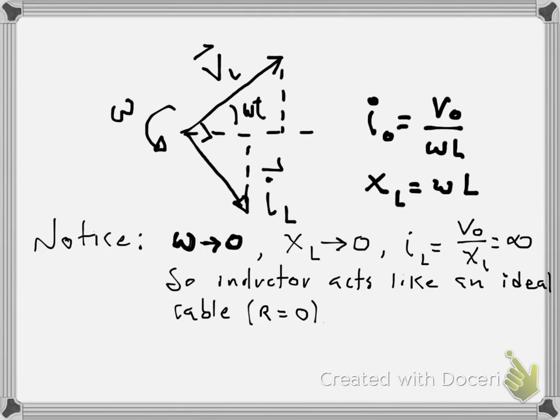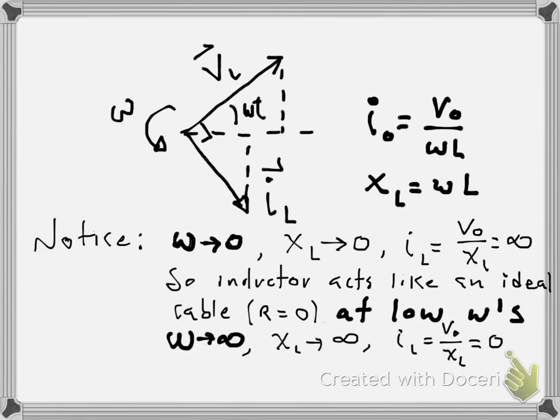Basically, the inductor is a cable that has been wrapped around a core, and so when the angular frequency is very small, Faraday's law tells us that the inductor is not going to be generating a lot of induced potential along the terminals. So the inductor is acting just as an ideal cable would act in the circuit, with a resistance equal to 0. If the inductor is the only element in the circuit, then that means that the current is going to be very large. So at low frequencies, an inductor acts like an ideal cable.